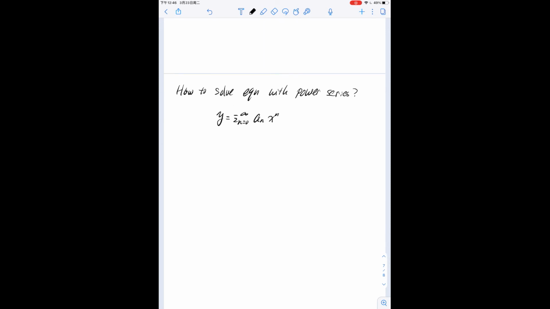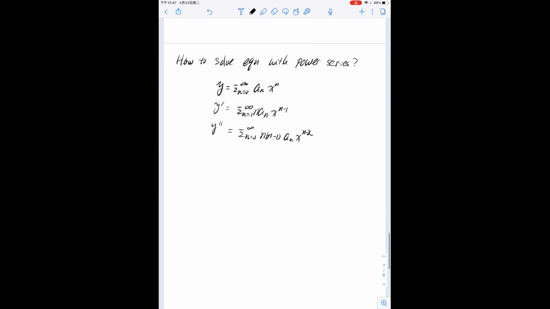And then we can calculate y prime, which equals something that looks like this, because the n equals 0 term has been cancelled due to the derivative. So we have n times x to the power of n minus 1. And the second order derivative looks like this: n times n minus 1 times x to the power of n minus 2.